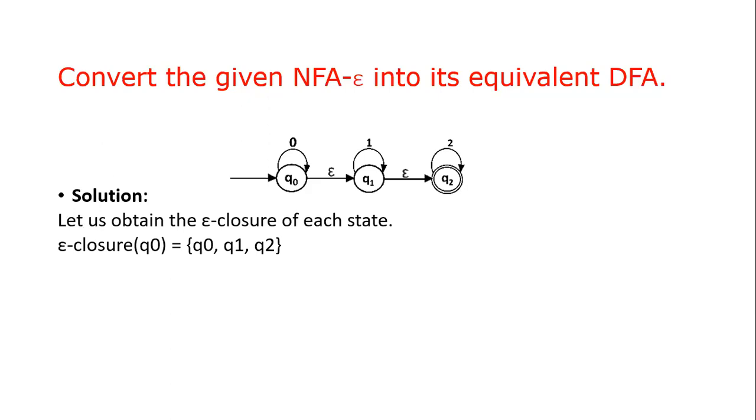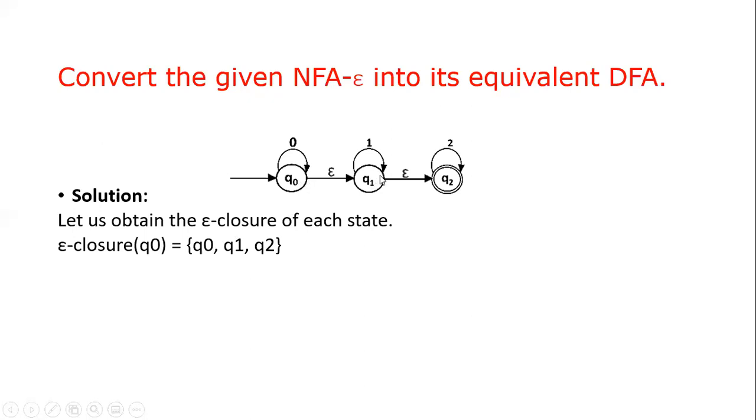Everyone knows how we calculate the epsilon closure, right? If not, please follow. For the epsilon closure of Q0, we start with that particular state, Q0, and with the help of epsilon transitions, we take the states up to wherever we can travel. I start at Q0, and with the help of the transition I can move to Q1.